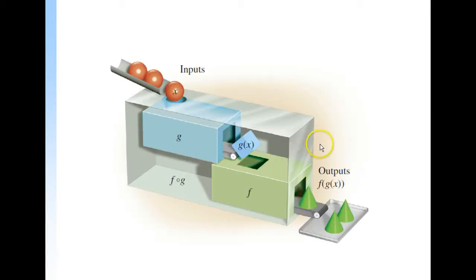Now, we say a picture is worth 1,000 words. So here's a little picture of what this composite of these two functions would be. So your x is your original input, whatever it happens to be. It goes into the machine, the function g.